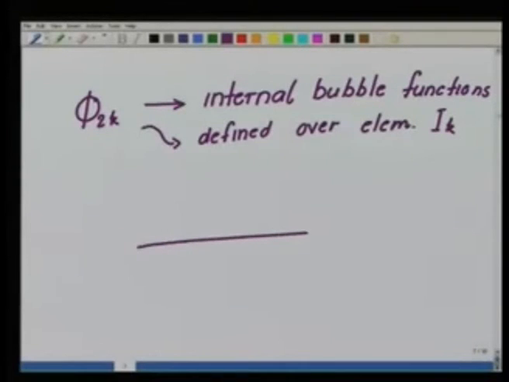That is, this is my element ik, so this is the 2kth node, and phi 2k is non-zero in this element and 0 everywhere else.